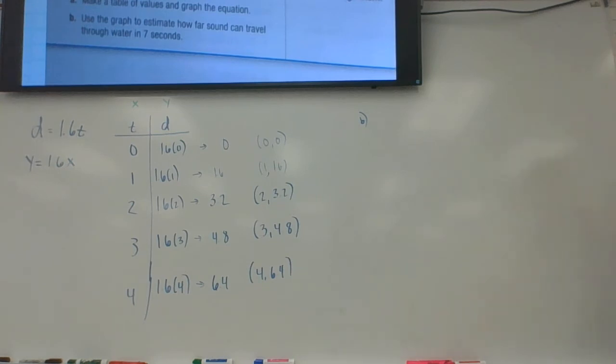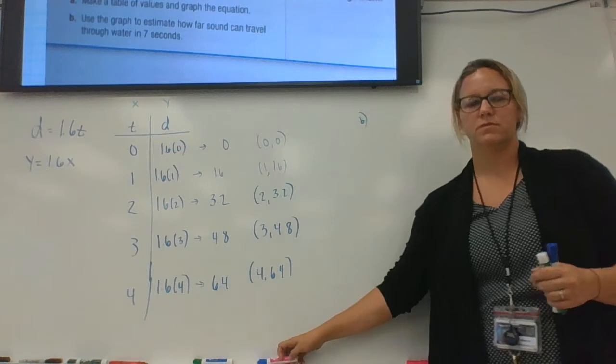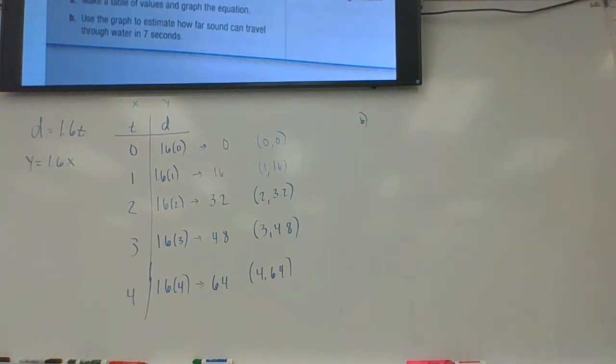So that means your graph kind of has to be precise and kind of long. We can use mine since I got my other nice graph paper up here, this grid. So it says predict 7 seconds. We already calculated 1, 2, 3, and 4. 5, 6, 7 would be right here. So I'm gonna go up from 7, and that's my prediction. After 7 seconds, I predict it would be about 11 kilometers away.